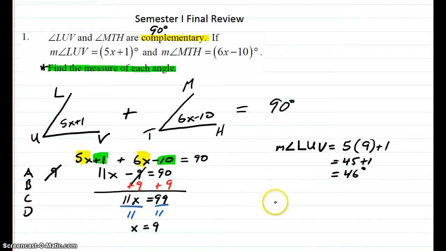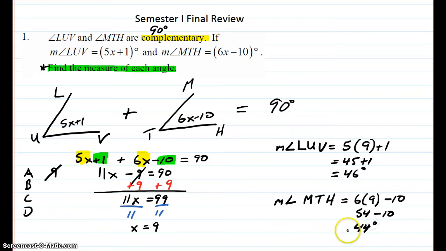And the other one was the measure of angle MTH, which is 6 times x, 6 times 9, minus 10. So that gives us 54 minus 10, which gives us 44 degrees. And just to make sure that we're right, you can see that if I take 46 plus 44, that equals 90 degrees.